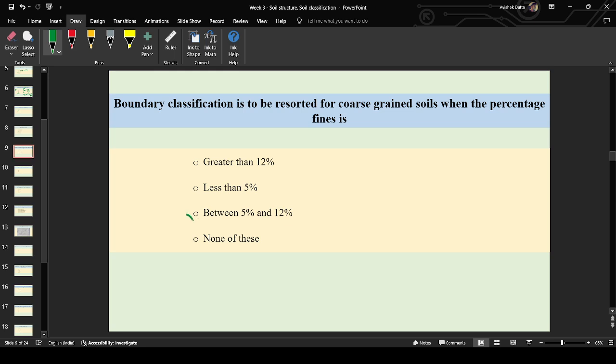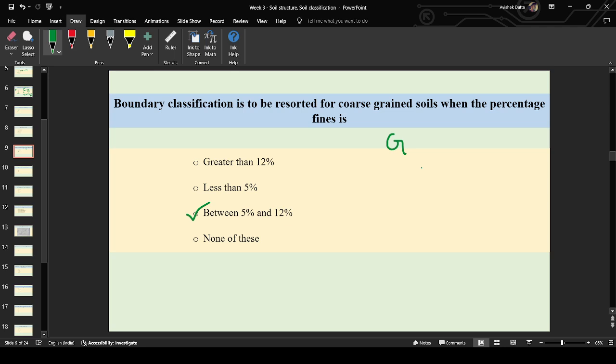Why am I saying this? Suppose we have gravel, G. According to the Indian standard classification, if the percentage of fines in this gravel is less than 5%, then we do not consider the finer particles in the nomenclature.